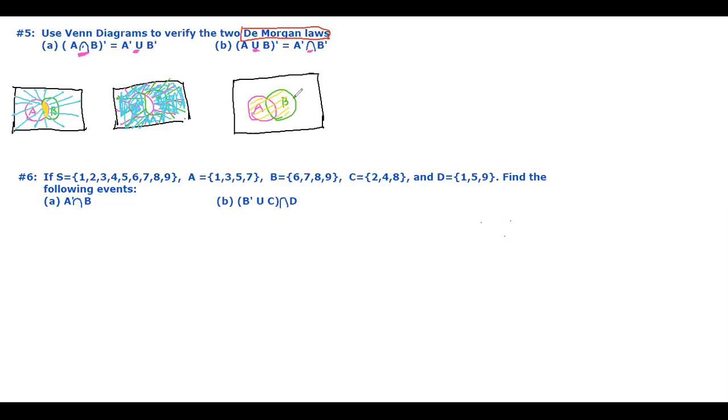Now you take the complement. Where is my final solution? It means everything outside this yellow area. So this blue area is my final solution: everything outside these two circles.